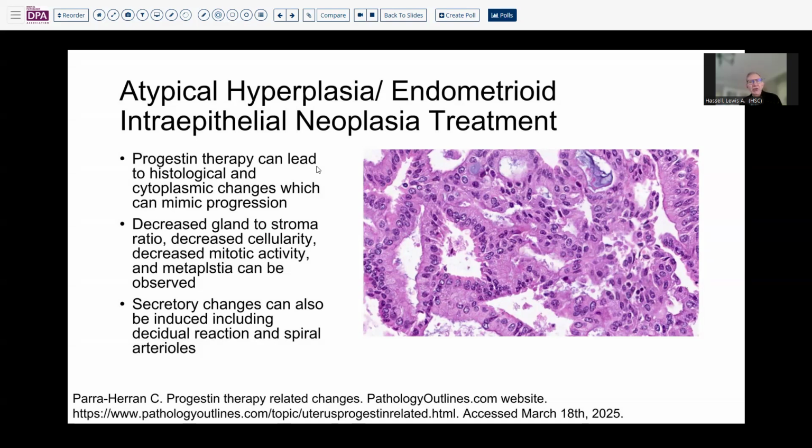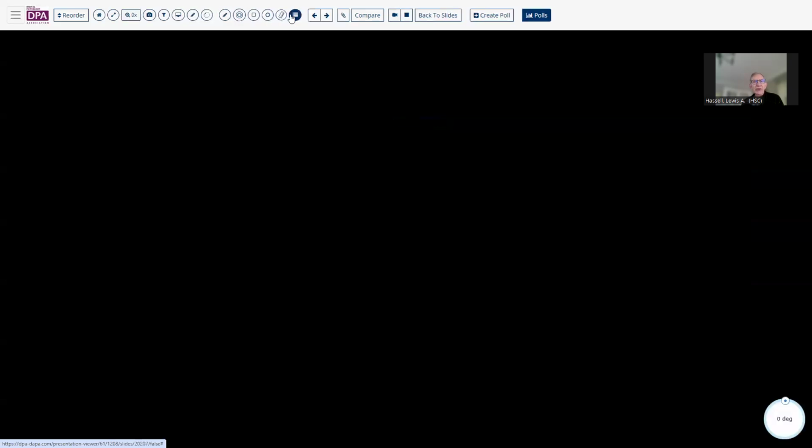There's still some architectural atypia, and we've done a video on that topic as well. So that's an important consideration, to recognize that areas of abnormal architecture, when present in a decidualized endometrium that's being treated for EIN, probably represent residual disease.